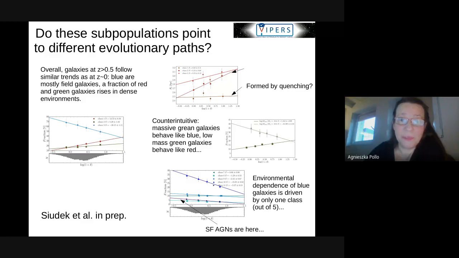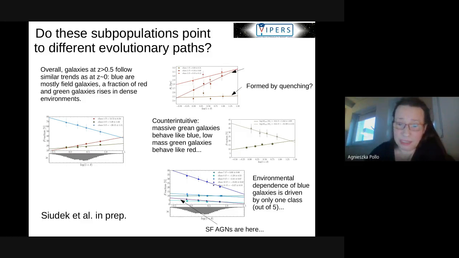Is there something behind which really tells us that these groups are different, that they are just not smoothly sliding from one to the other? So a way to go for that is to try to look into the dependencies on parameters which were not used in the process of classification at all.